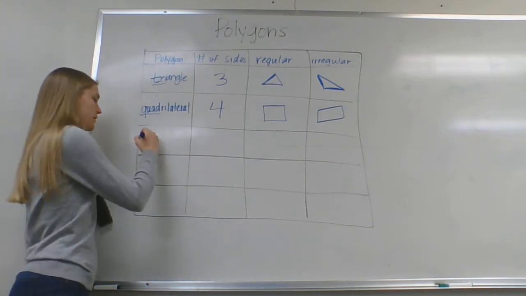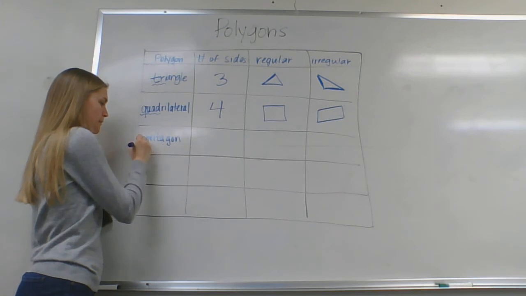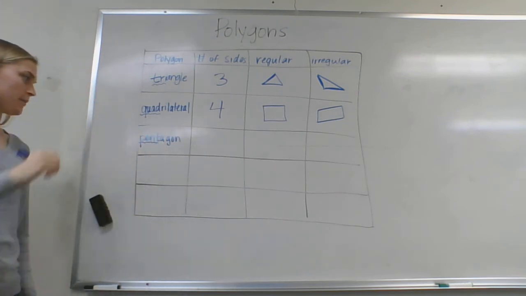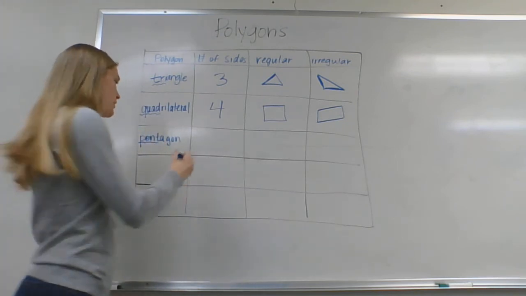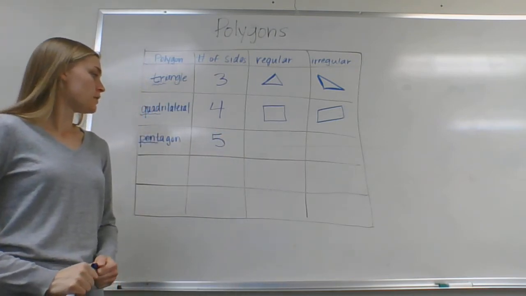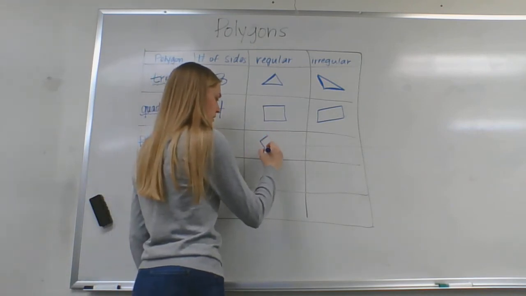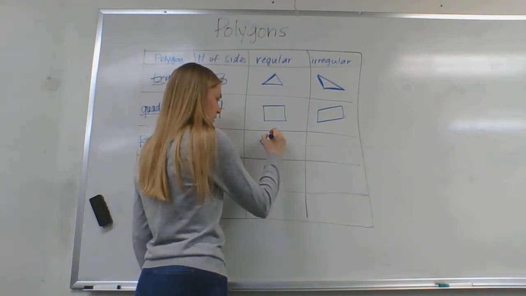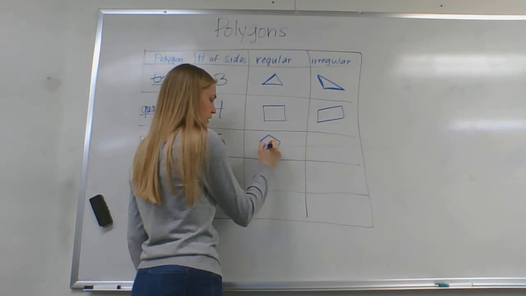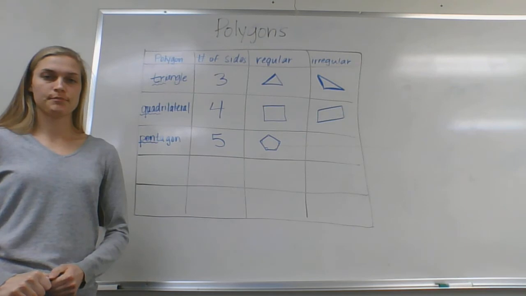Next, we're going to do a pentagon. We got the pent, which means five, so it's a five-sided shape. A regular has all the same length sides and all the same measure angles. So it would look something like that.